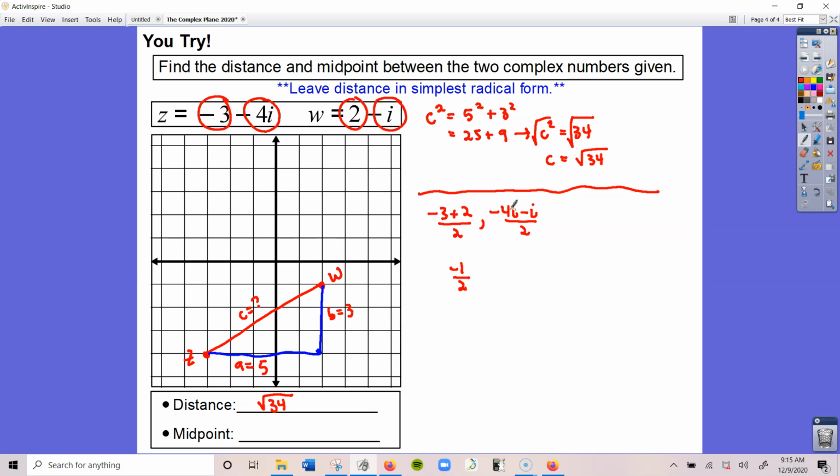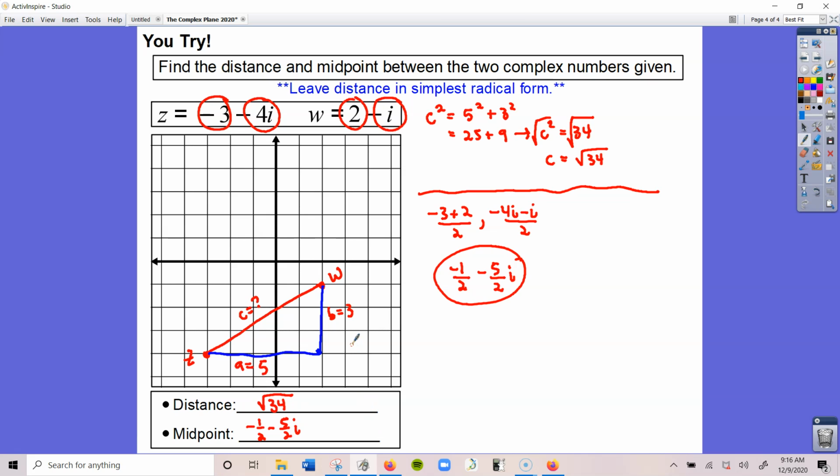Then -4i minus i is -5 over 2i. And this would be my midpoint. Again, if I could simplify, I would, but I can't. So we're going to leave it as the fraction.